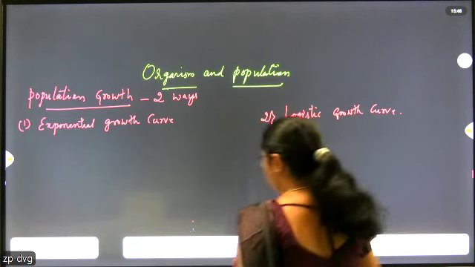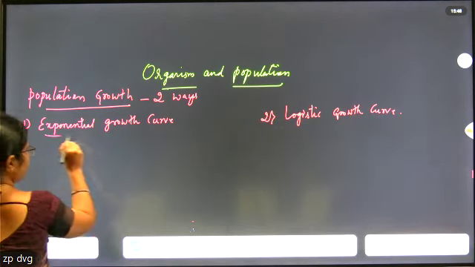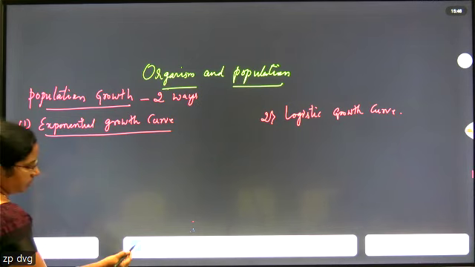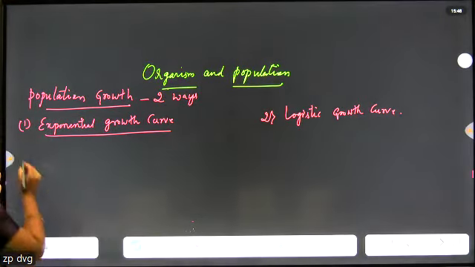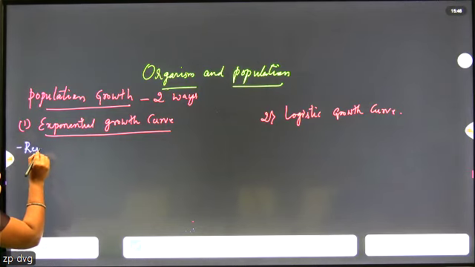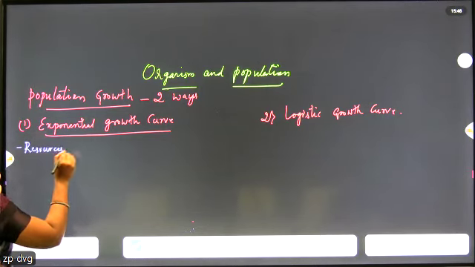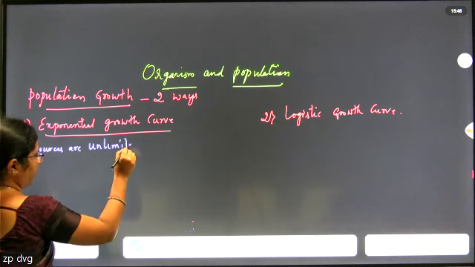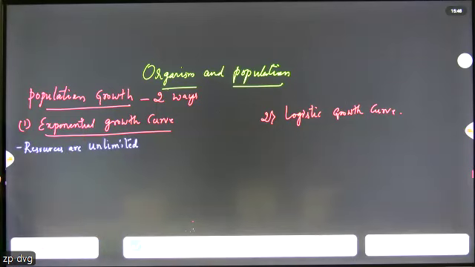Whenever we move towards the exponential growth curve, it always tells us that the resources are unlimited. If the resources are unlimited, there is no limitation in the growth.